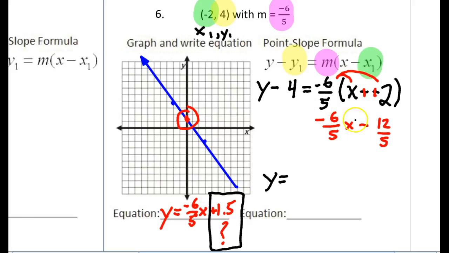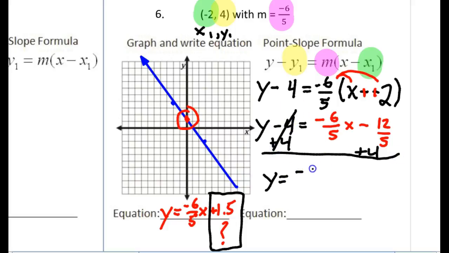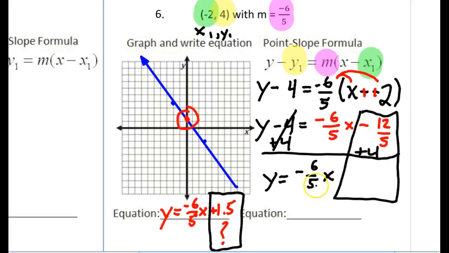If you're not sure about that, check your calculator, but basically it's 6 times 2 and then over 5. 12 over 5. Okay. And then we can add 4 to both sides since this is negative. So we have y equals -6 over 5 x, and then we just need to figure out, well, what is this equal to? What's negative 12 over 5 plus 4?